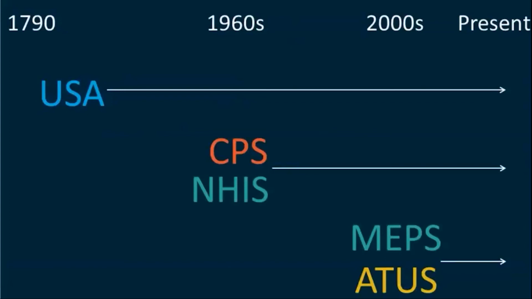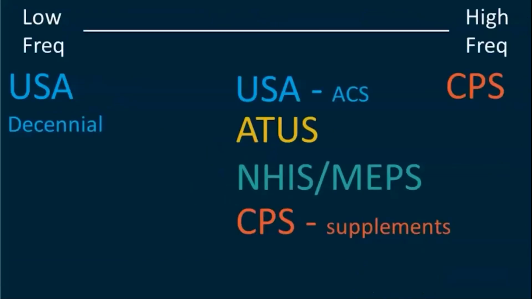The USA decennial census data is available for the longest period of time, with data available beginning in 1790. CPS and NHIS have digitized data available starting in the early 60s. MEPS data have been collected since 1996, and HUS data collection began in 2003. And here we represent the frequency with which the data are collected, from low to high.